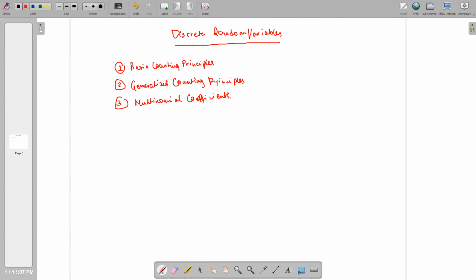Okay, and then we'll go to the probability setup. So this is basic combinatorics.